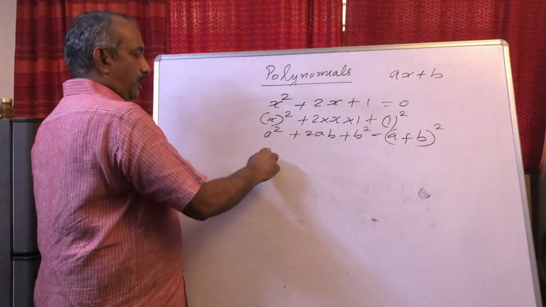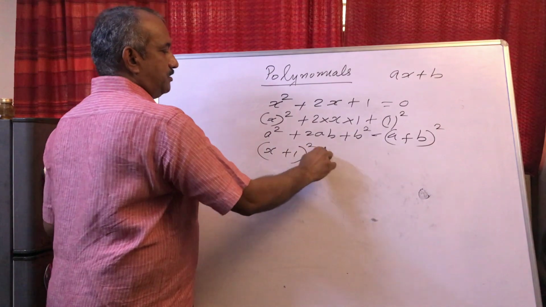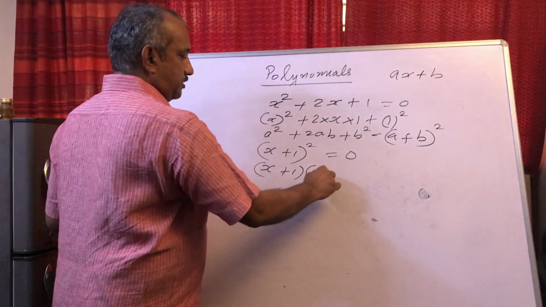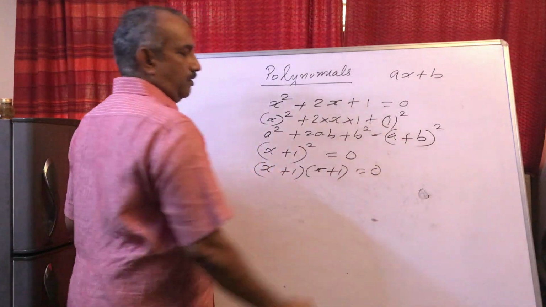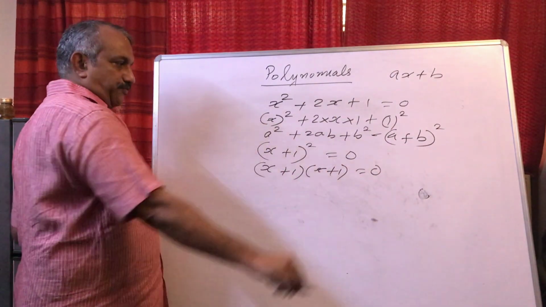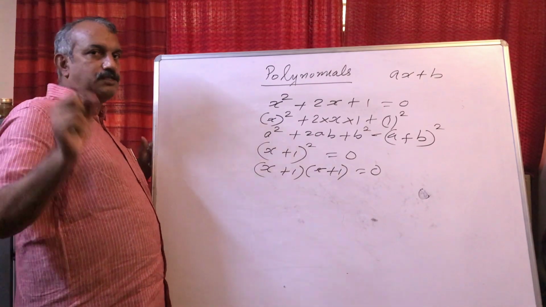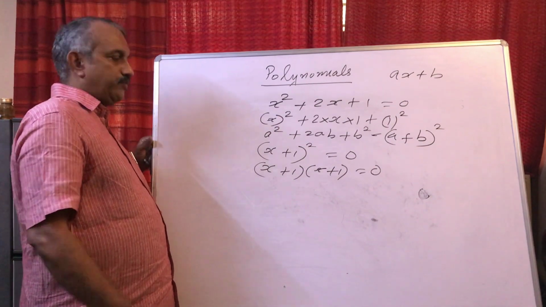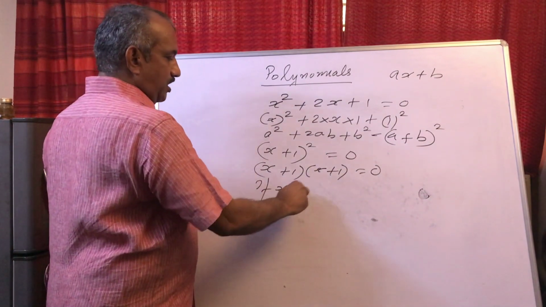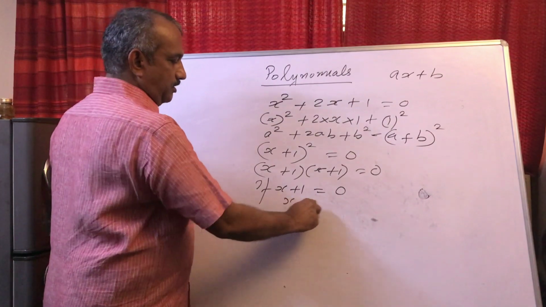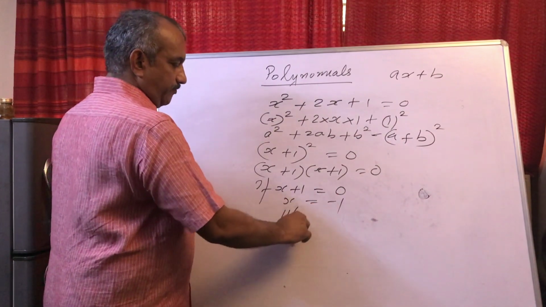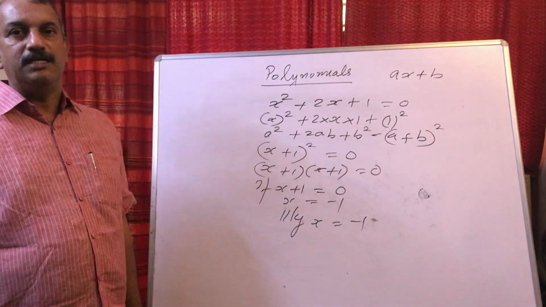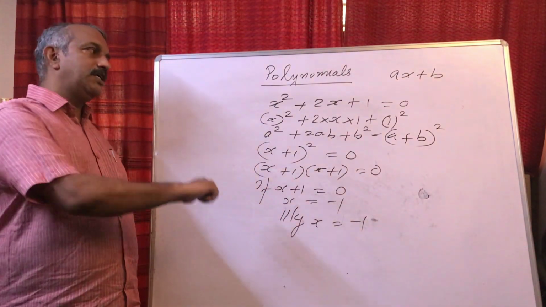So x plus 1 the whole square is equal to 0, or x plus 1 into x plus 1 is equal to 0. Now the product of 2 things is equal to 0 means at least one should be 0. Then only the product of 2 things can be 0. So if x plus 1 is equal to 0, x is equal to minus 1. Similarly, in the second one also, x is equal to minus 1. So there is only one zero, that is minus 1. Like this we can find out.